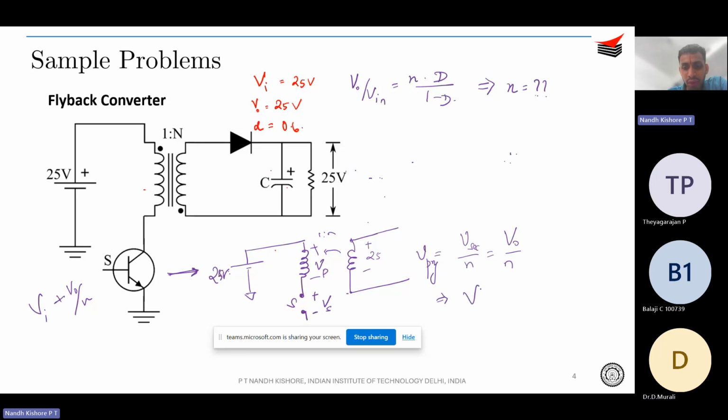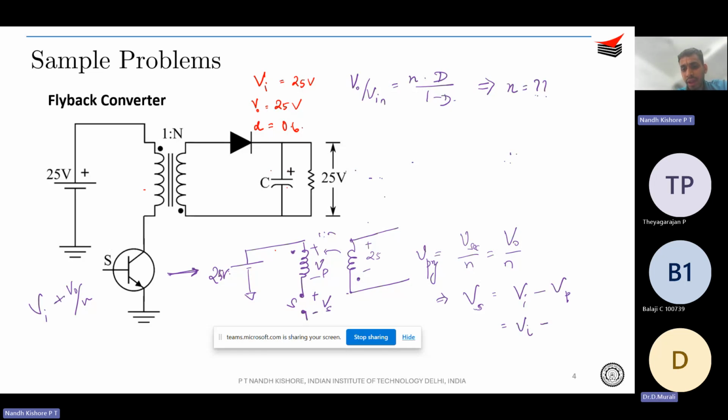Therefore, your switch voltage, or VQs, is given in the lecture slides. It is going to be simply Vi minus Vp, right? You know that the dot polarity is in opposing mode for the flyback converter.